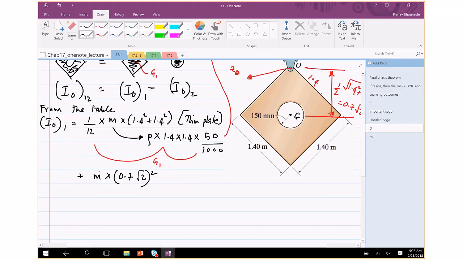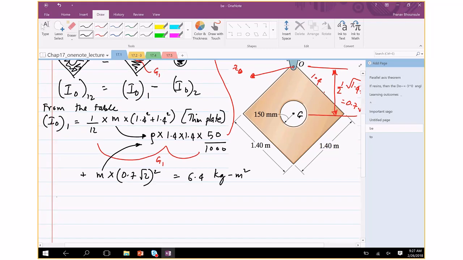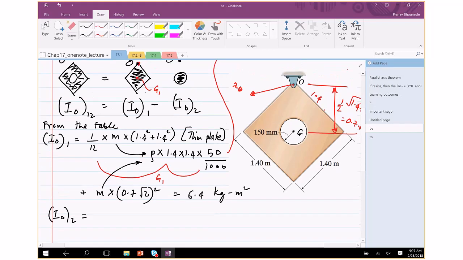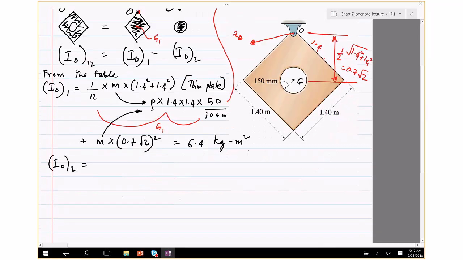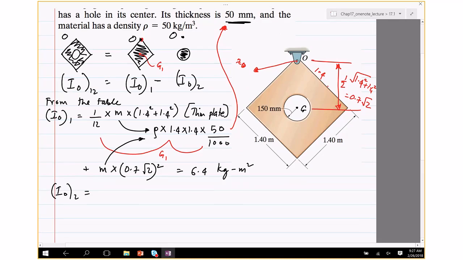The mass is again given with the same formula. Okay, so doing the math here gives me 6.4 kg meter squared. Then I need to find the inertia of the disk about an axis passing through O. So again, I need to go to the table.